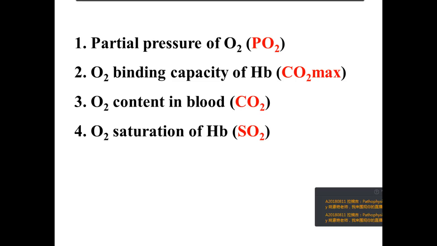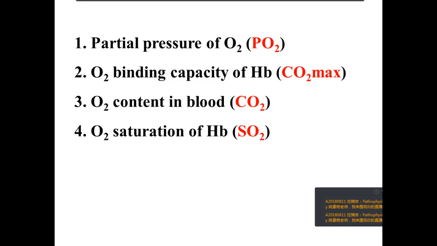When partial pressure of oxygen is less than 60, oxyhemoglobin decreases, which leads to a decrease in oxygen content in arterial blood. This is oxygen content in arterial and venous blood.